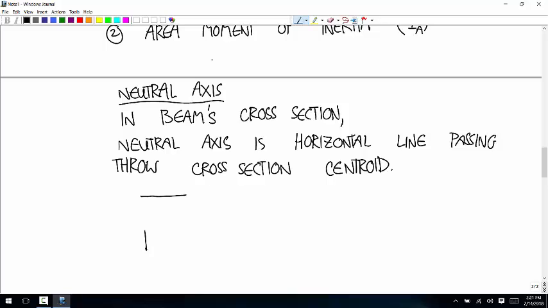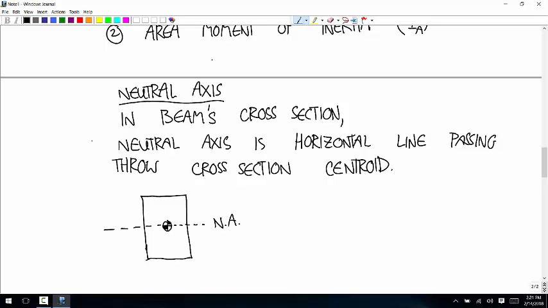So if this is the cross-section, and we're talking about beams, so this is a long, slender thing, but that's the cross-section. The long part is going into the page. The centroid is here. And so the neutral axis is this.